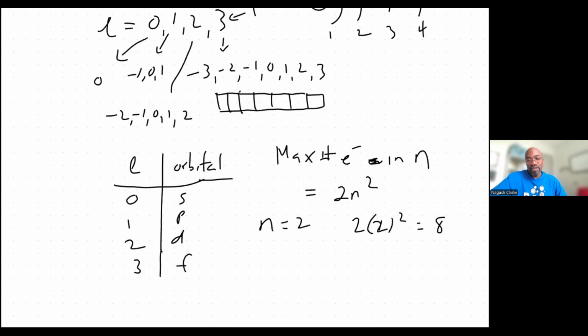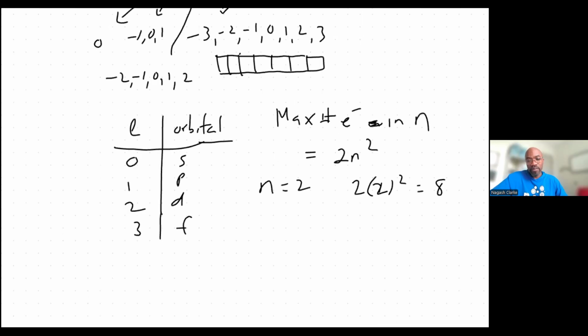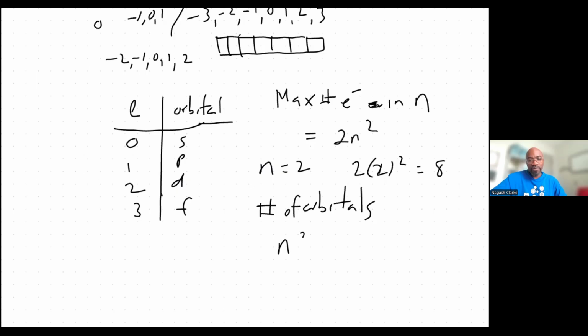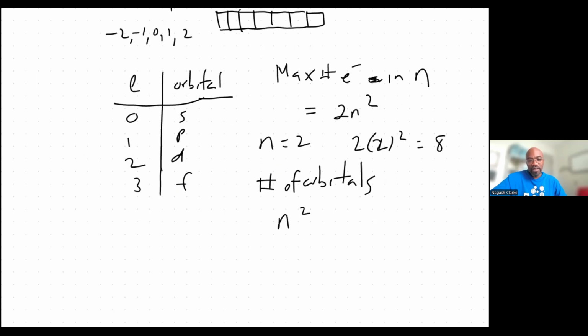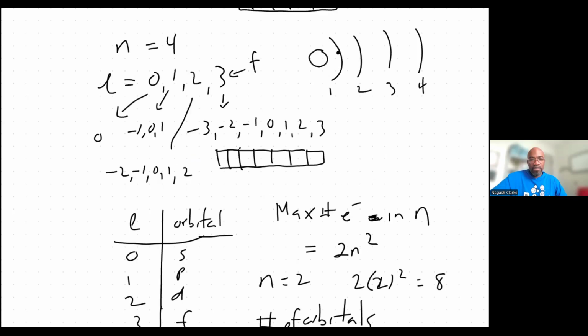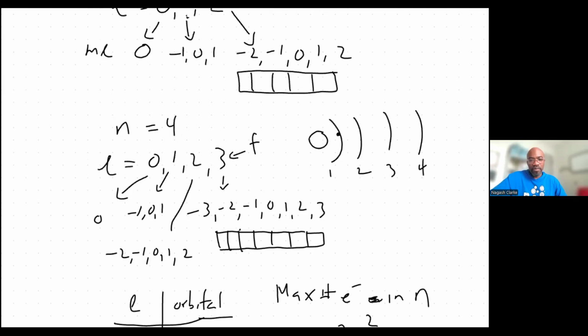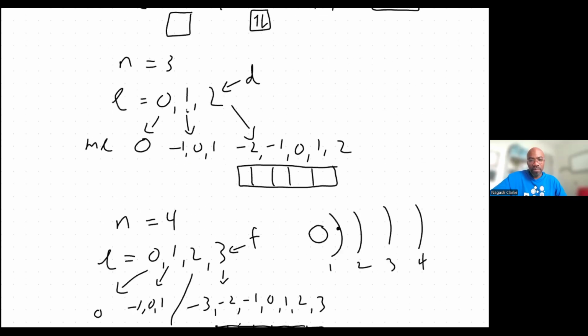Now we can figure out the number of orbitals that a certain n level will have by n squared. So let's say n is 3, for argument's sake. The number of orbitals is going to be 9. Let's look at the math.